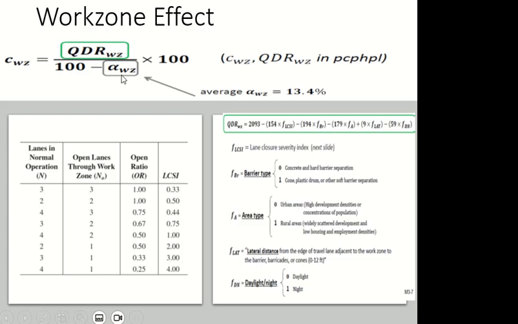W is called the decrease in capacity because of the work zone, and QDR is called Q discharge rate. And alpha is the reduction in capacity of the highway because of the work zone.